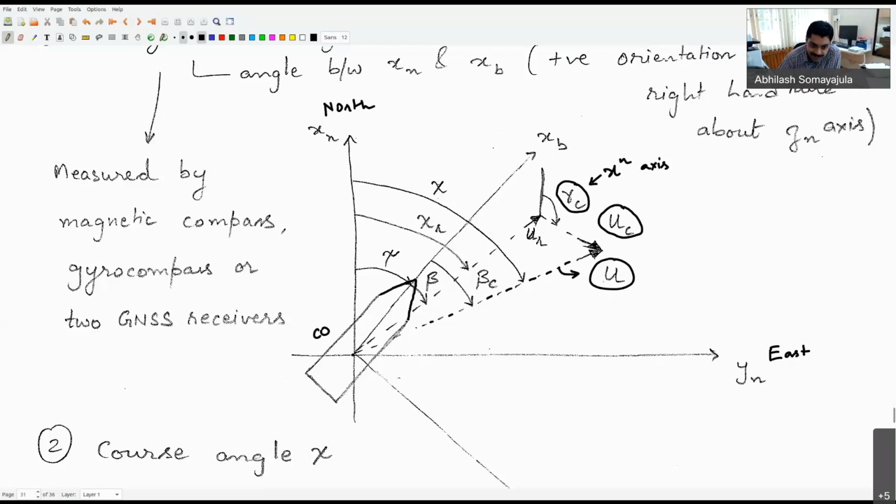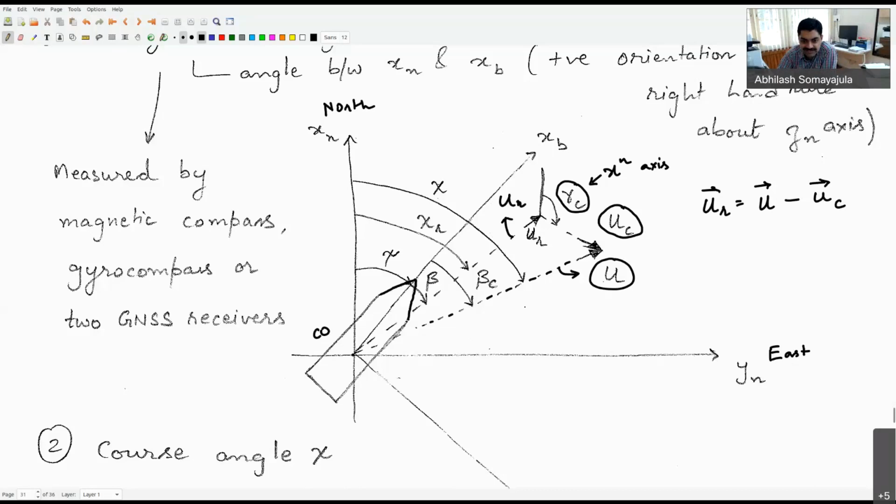Then our relative velocity vector, which is defined relative to the ship, how the environment is being perceived, will be given by the u vector, which is the actual velocity of the craft, minus the current velocity vector. So therefore, this dotted line which you see here, that is UR.